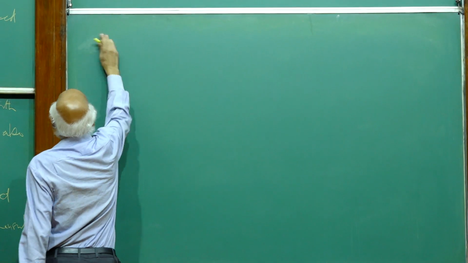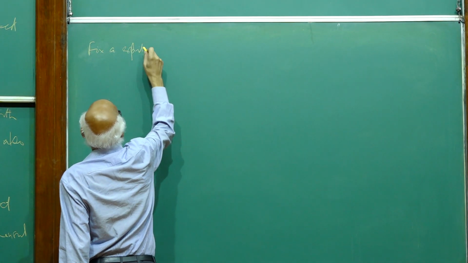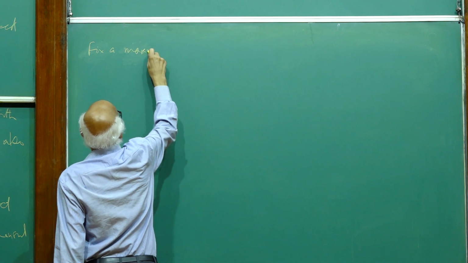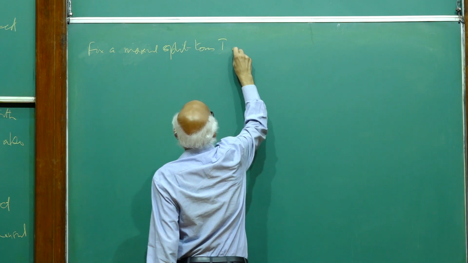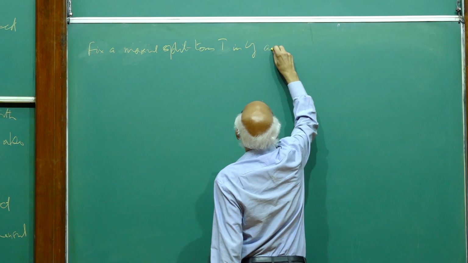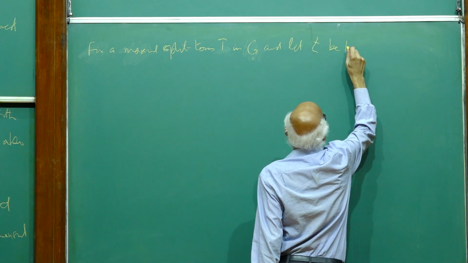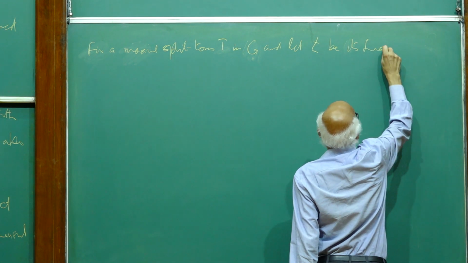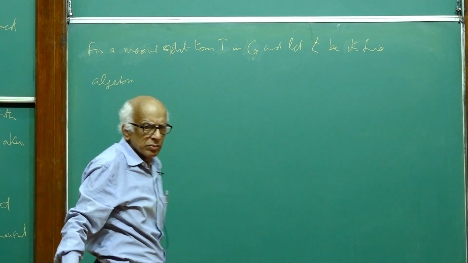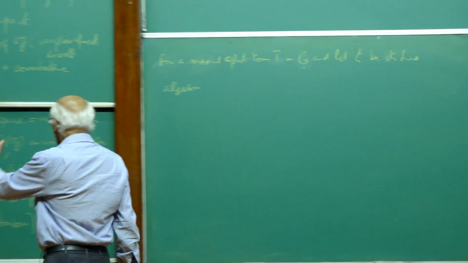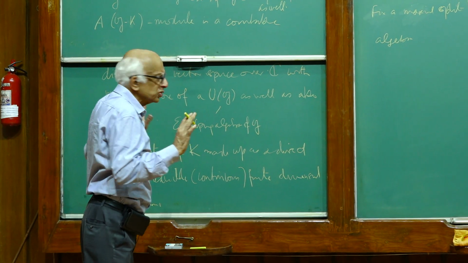Let me also fix the maximal split torus T in G. Do I need G to be linear? For safety, I'll assume that G is linear.